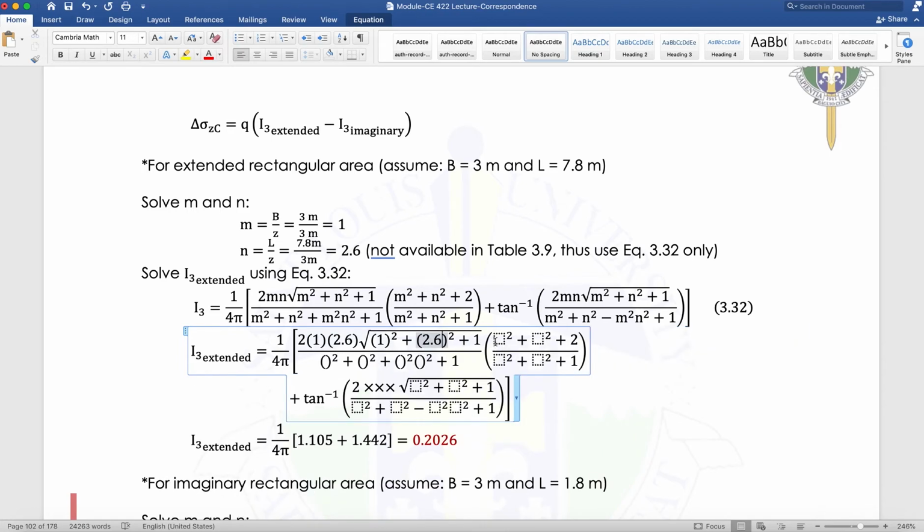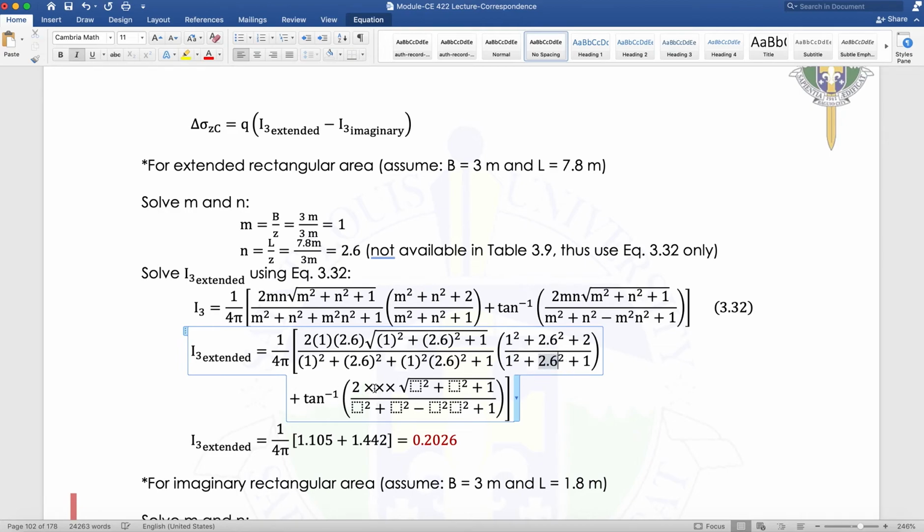Then we have 1 squared, 2.6 squared. Then for the denominator, we have 1, then we have 2.6. Again, we have 1 here, we have 2.6. Tapos 1. Then we have 2.6 plus 1.